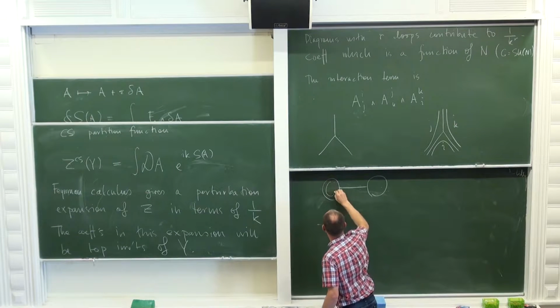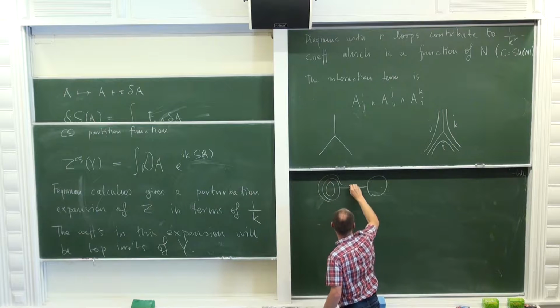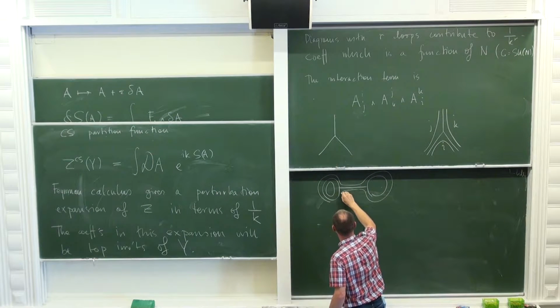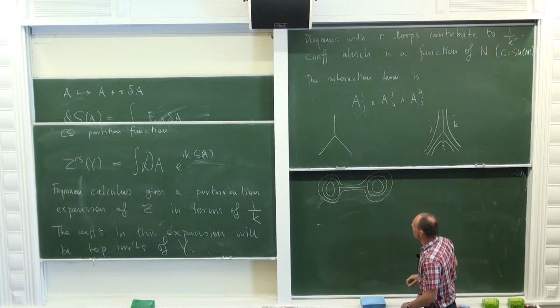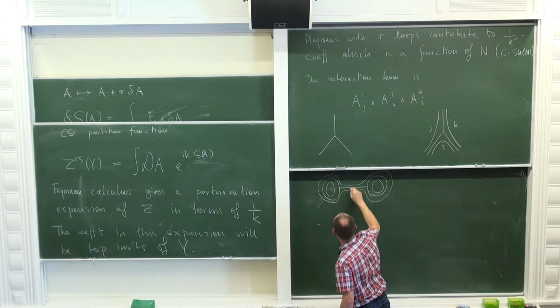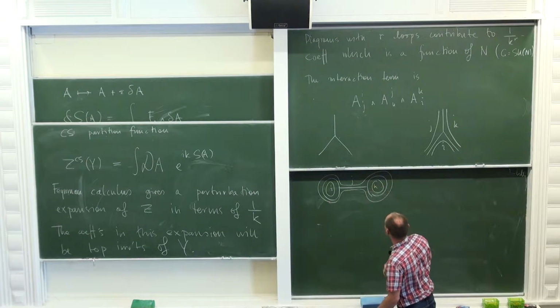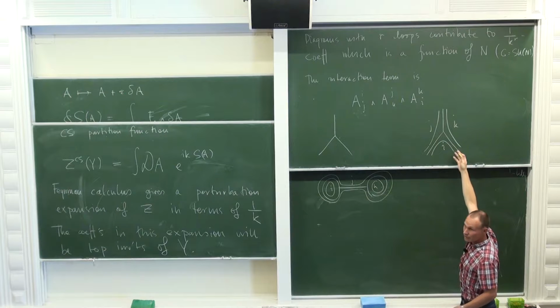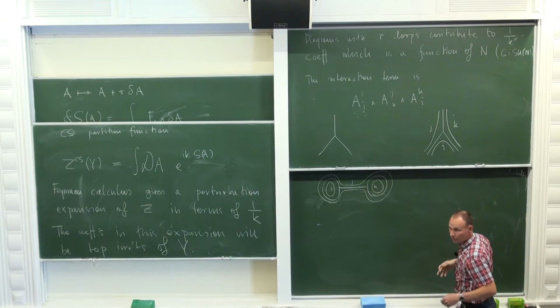You get a little surface sitting in place, and the way that you color these things, of course, the indices propagate over the surface.